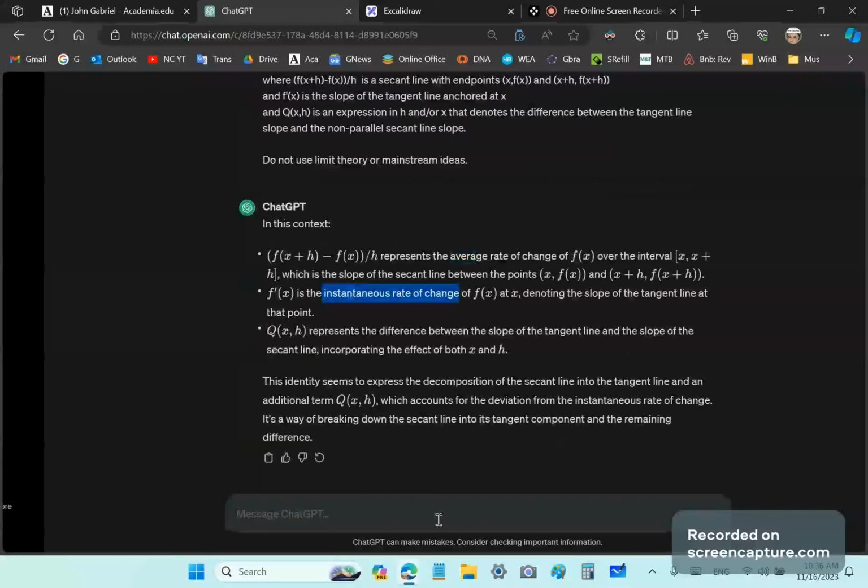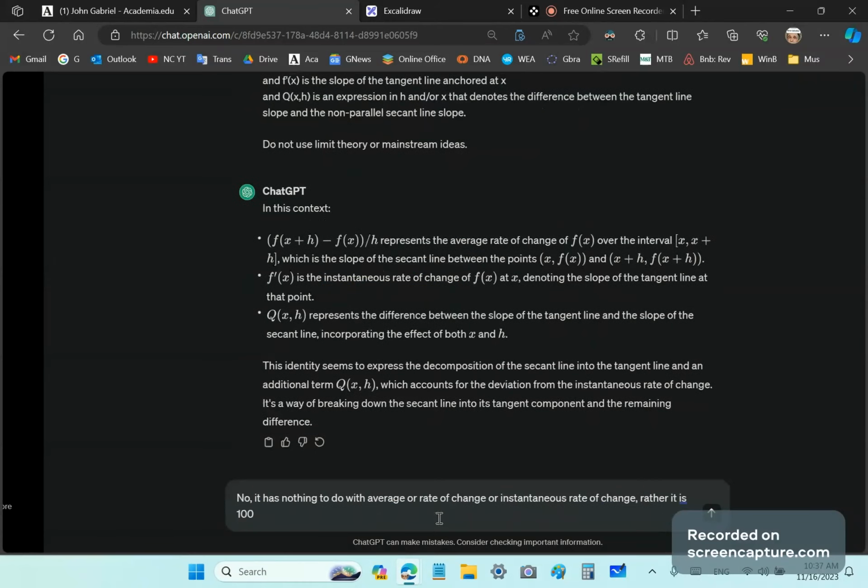Okay, so I'm going to tell it now that no, it has nothing to do with average or rate of change or instantaneous rate of change. Rather it is 100% geometric.